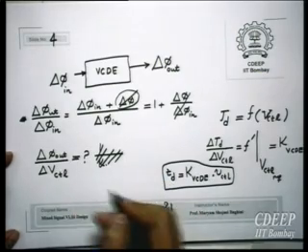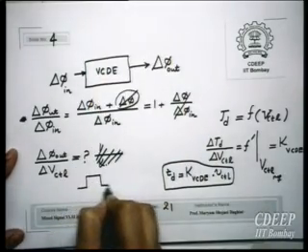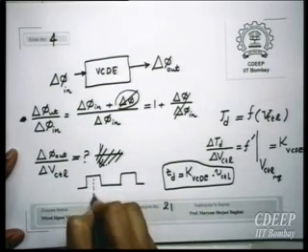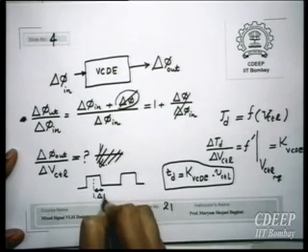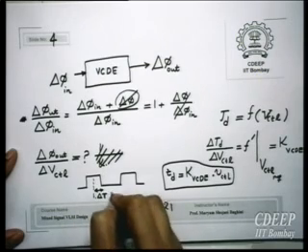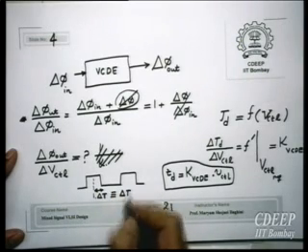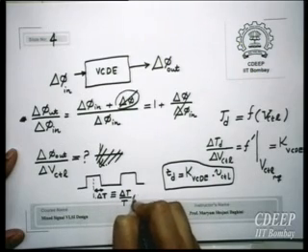A delta t is equivalent to delta t upon my cycle T, times 2 pi.